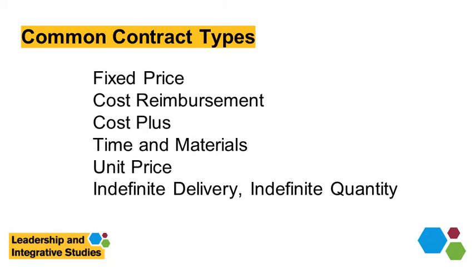These are the common types of contracts that a project manager can experience in the projects that they manage: fixed price, cost reimbursement, cost plus, time and materials, unit price, and indefinite delivery, indefinite quantity.